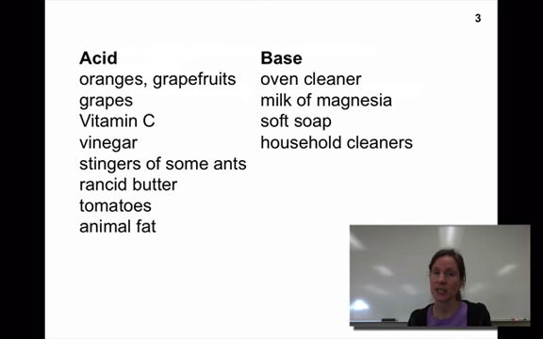Soaps and cleaners are bases. A lot of stomach type medicines, Pepto-Bismol or antacids, those are actually bases. Okay? So you see right away, acids are food products, bases generally are not. Now we have some foods that are bases, pure chocolate, coffee, things like that have base properties to them.